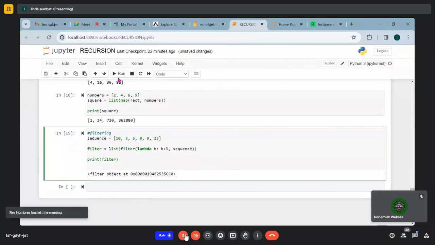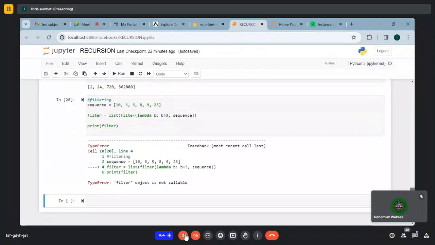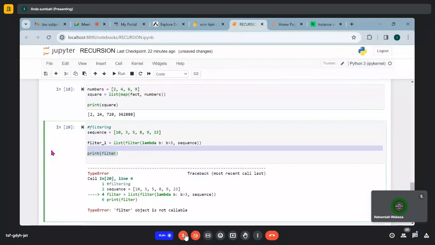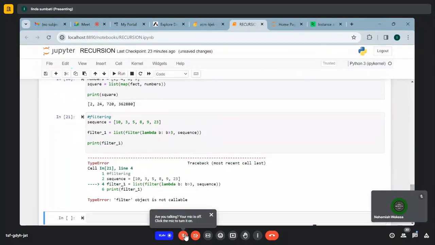So let's see how it does. Where did I go wrong? Maybe use something else in the name. The first filter, you can call it filter 1 or something. Like that? Not yet.